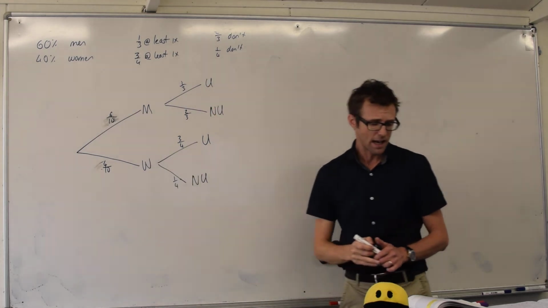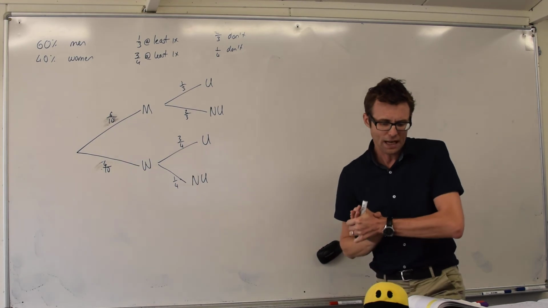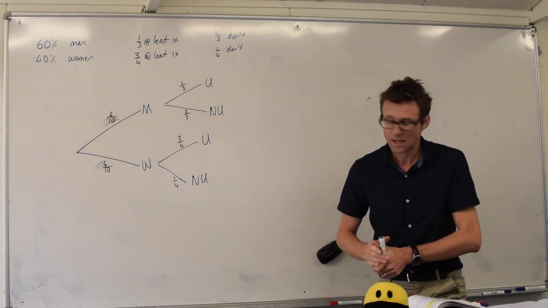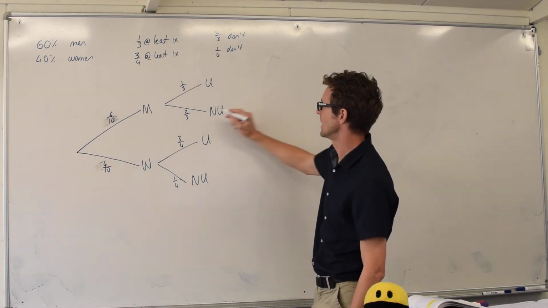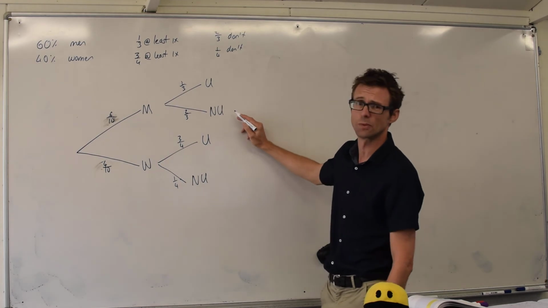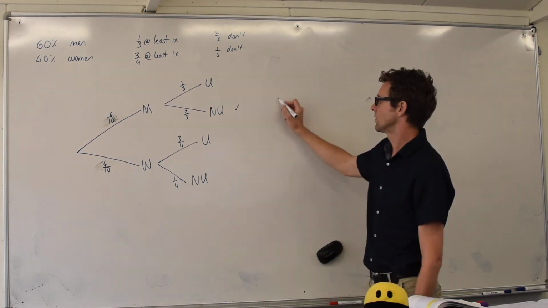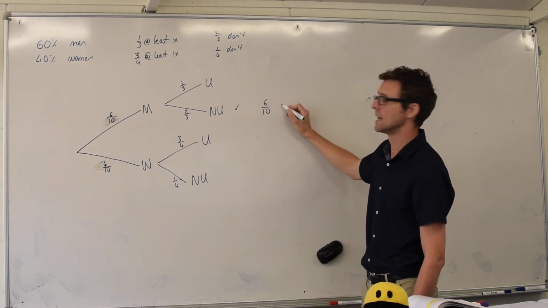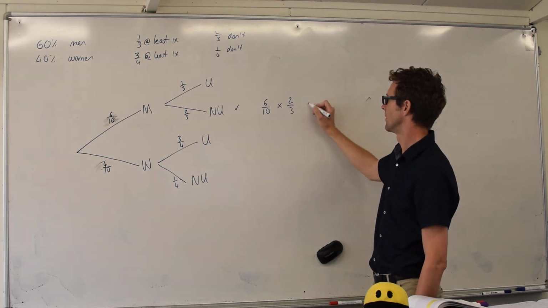Okay, now the first thing is we are looking at a man who does not use the gym at least once a week. So we're talking about this branch here. To find the probability of that branch, we're going to go 6/10 multiplied by 2/3.